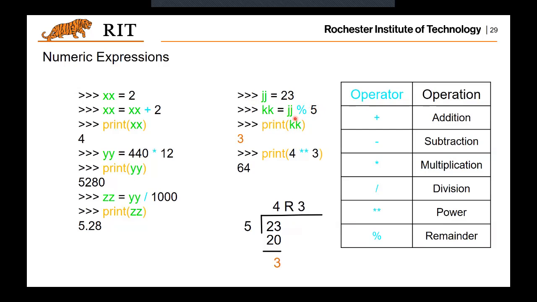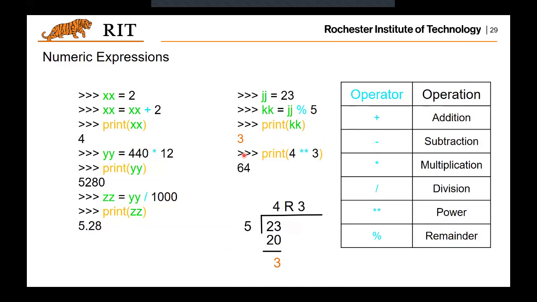JJ will be divided by 5, and you figure out what the remainder of this division is, and assign this remainder to the new variable KK. So that's what happens. Basically, it does this division here and figures out the remainder.